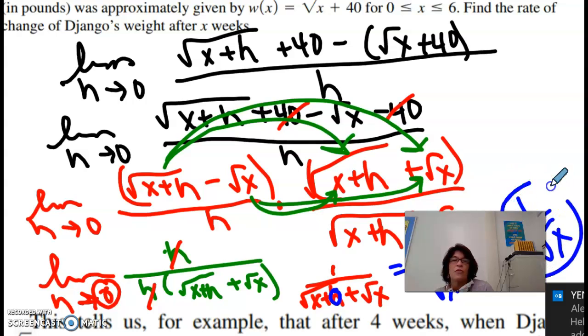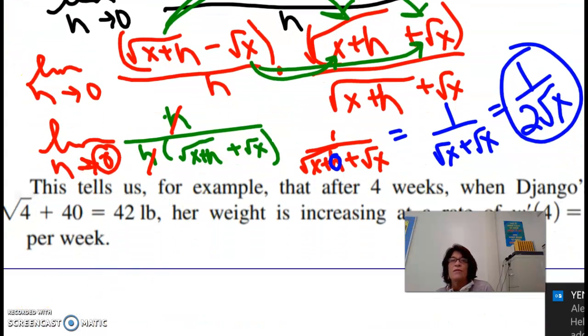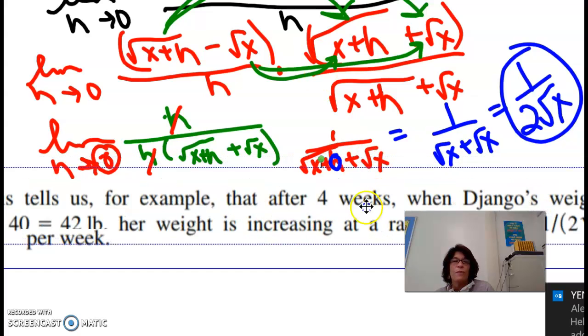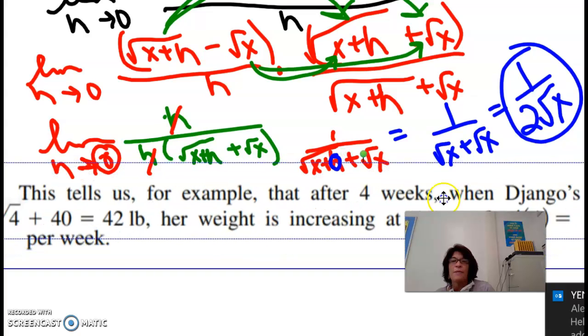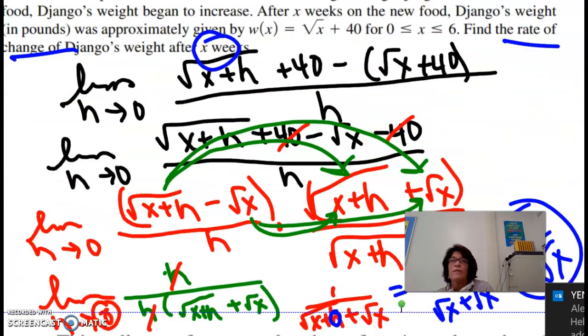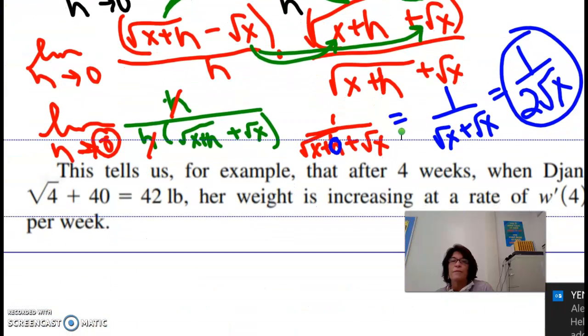That will give me the slope of the tangent line, or the instantaneous rate of change, which is what we want in this problem, at any x that you tell me. So this tells us, for example, that after 4 weeks, his weight is square root of 4 plus 40, 42 pounds, right? That was his weight. At 4 weeks, we're at 42 pounds.